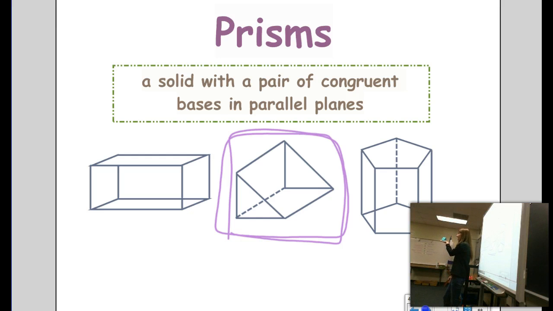But even though it's sitting on a rectangle, the base is whatever there's 2 of. What is there 2 of in this? Triangles. So the base in this one is the triangle. The base is not always at the bottom. Base is whatever there's 2 of. So the base of this 3D solid is not a rectangle, even if I set it on the rectangle. The base is a triangle.